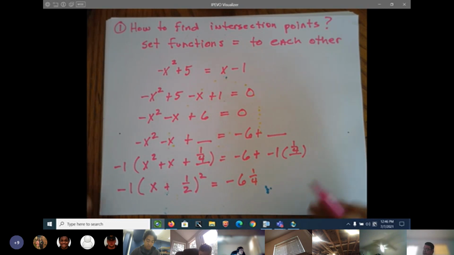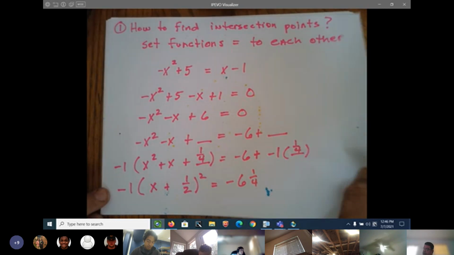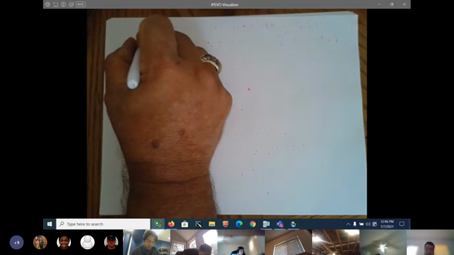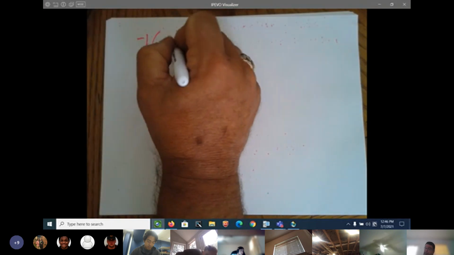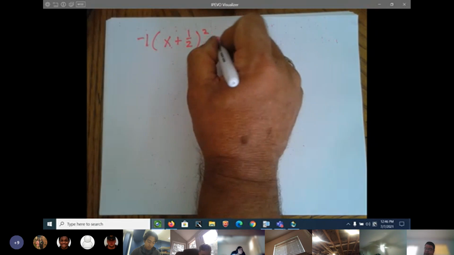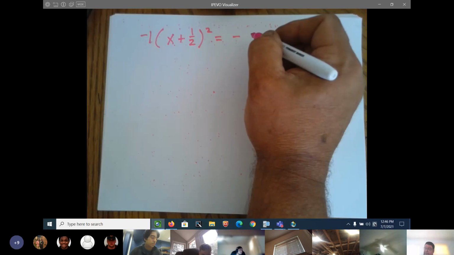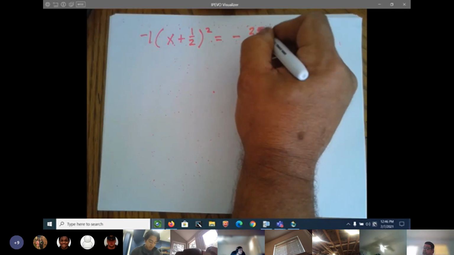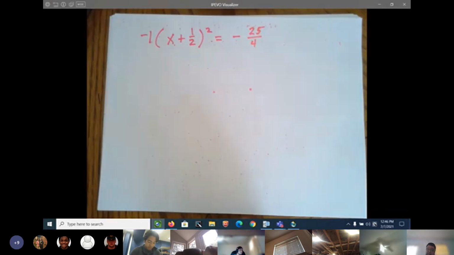And now we can solve for x. That's what we need to do, is solve for x. So we've got negative 1 times x plus 1/2 equals, and I'm going to change that back to a fraction so I can do it. I can't do it with a mixed number. So is that 25/4? Somebody check me, please. I think that's right.